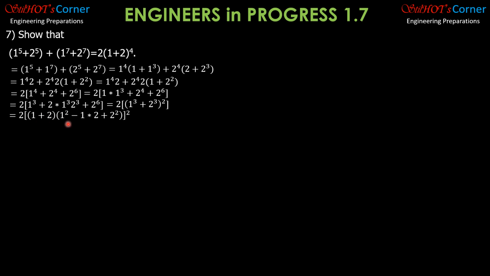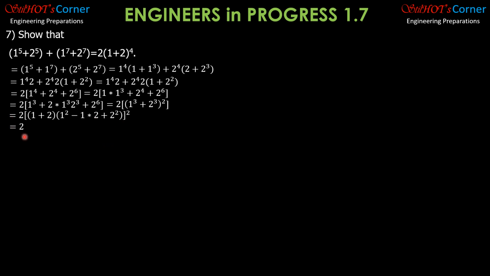And take note that 1 squared minus 1 times 2 is negative 1, plus 2 squared, which is 4, gives 3. 1 minus 2 is negative 1, plus 4 is 3, and 3 is also 1 plus 2.